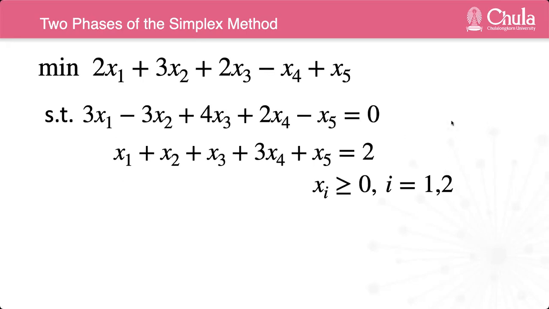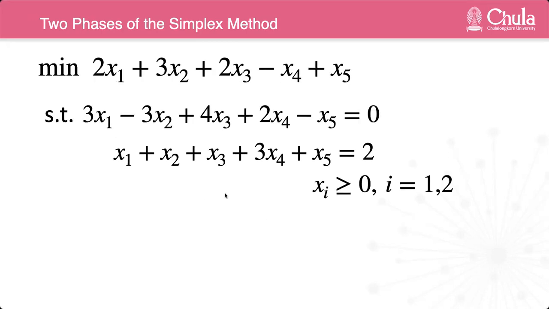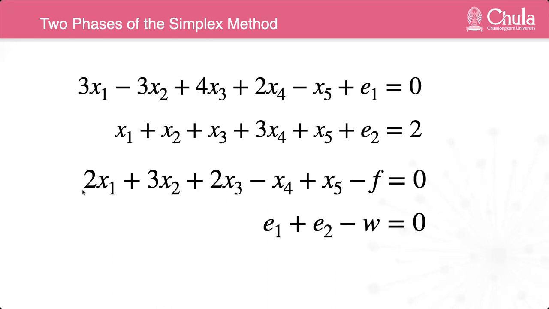So from the first one, we add E1. From the second one, we add E2, right? And from the objective function, we have 2x1 plus 3x2 plus 2x3 minus x4 plus x5 minus f equals 0. From the definition of W, it is E1 plus E2, right? So E1 plus E2 minus W must be 0.